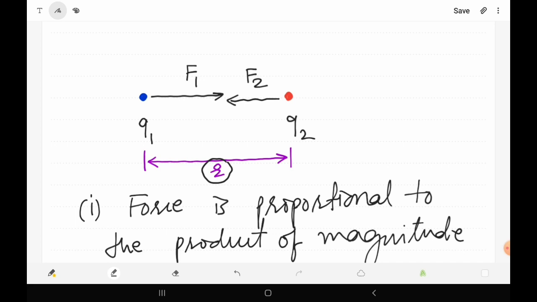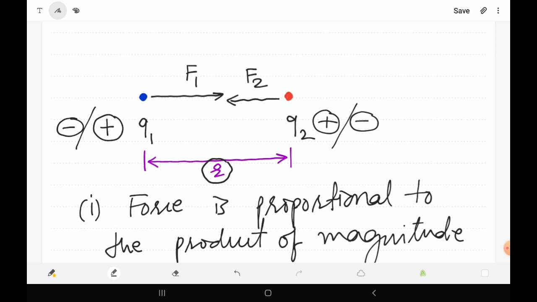What should be their direction? Whatever the nature of charges q1 and q2, either like charges, positive or negative, or one positive and the other negative, the directions of F1 and F2 are always opposite to one another.